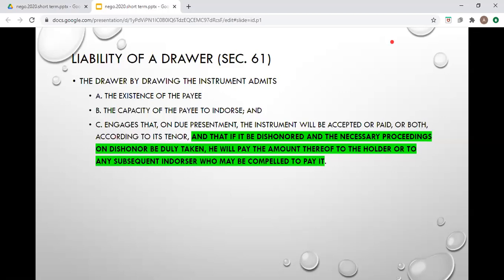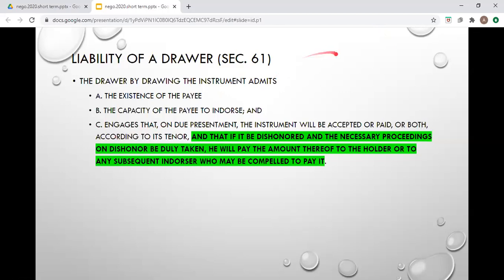Saan mo makikita yon? Itong naka-highlight na to. That if it is dishonored and the necessary proceedings of dishonor will be taken, then, sabi ni drawer, I will pay the instrument to the holder or to any subsequent endorser who might be compelled to pay the same.